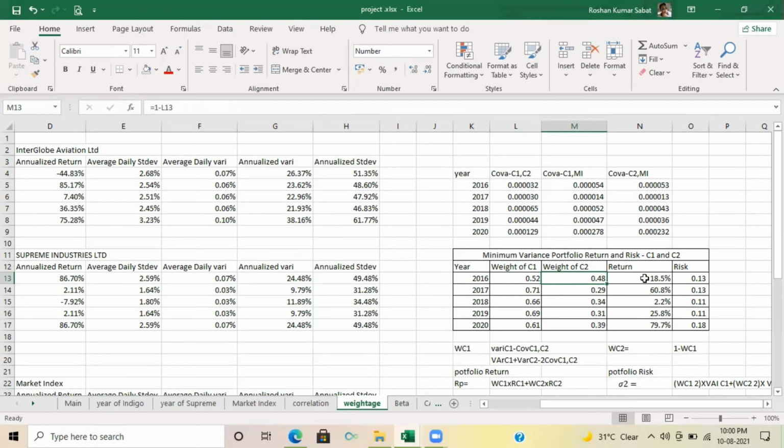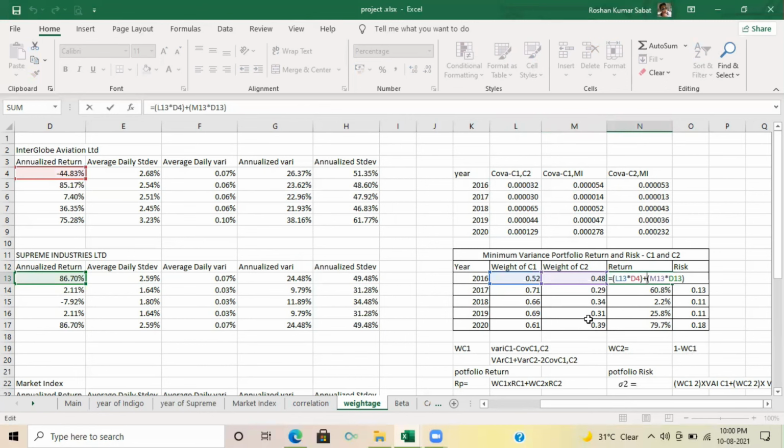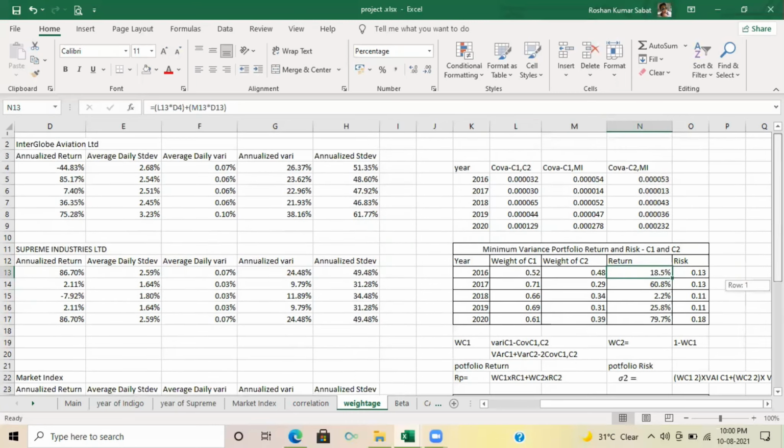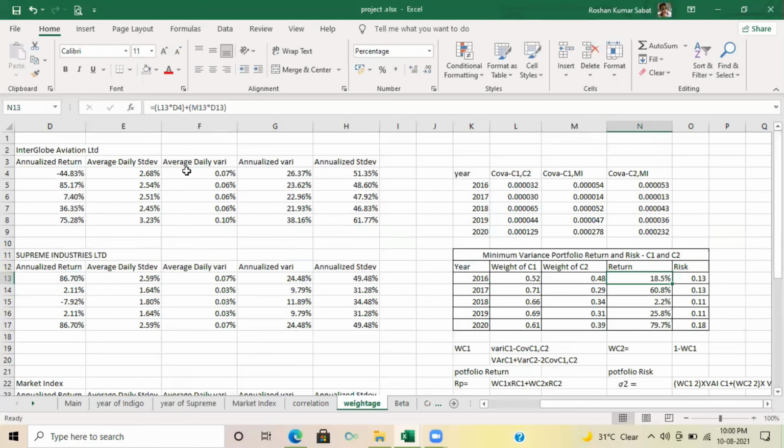Now come to the return. If you have to calculate the portfolio return, there is a formula over here: the weight of C1 into the return of C1 plus the weight of C2 into the return of C2. Like this, you can calculate it. I'll show you the formula over here.